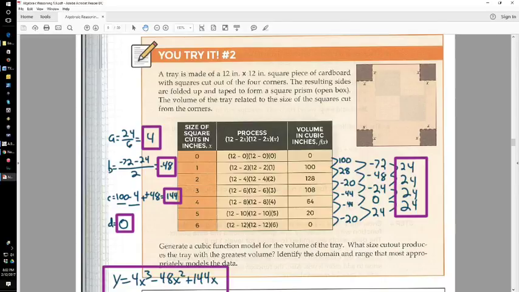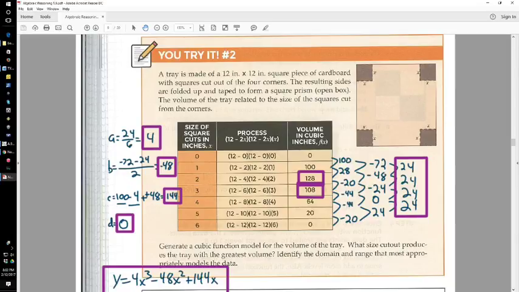All right. Then they ask you the question, what size cutout produces the tray with the greatest volume? If they want to know the size cutout that has the greatest volume, they're asking you which of the x's gives me the greatest volume, which we normally have to solve backwards, but in this case it's going to be somewhere between 128 and 108.